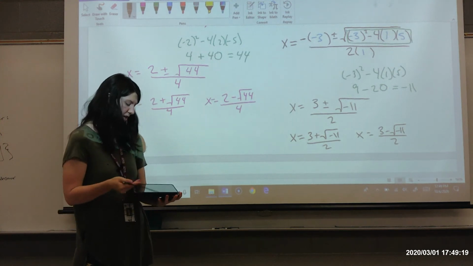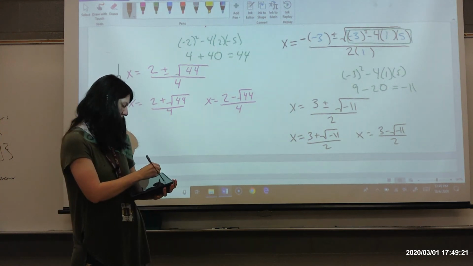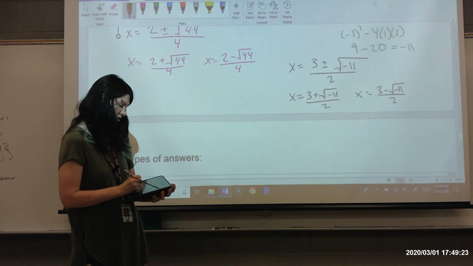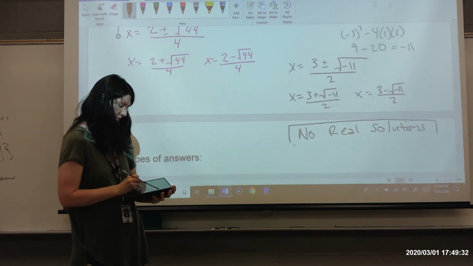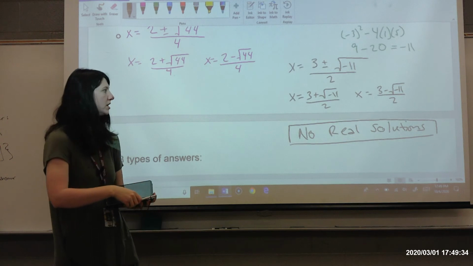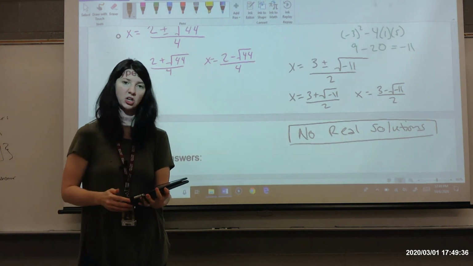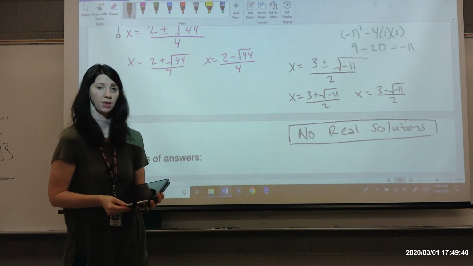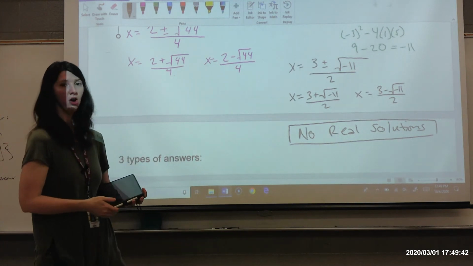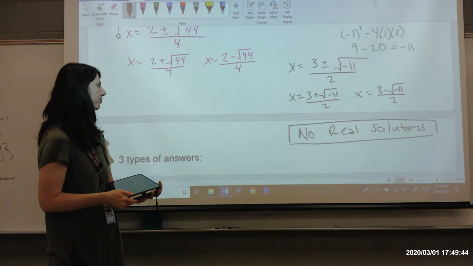This is actually telling us that there are, and we would write it as, no real solutions. All right, so anytime you end up with a negative under the square root, check to make sure you didn't make a mistake, and then your answer would be no real solutions. And we'll actually explore what type of solutions they are later in the course, okay?